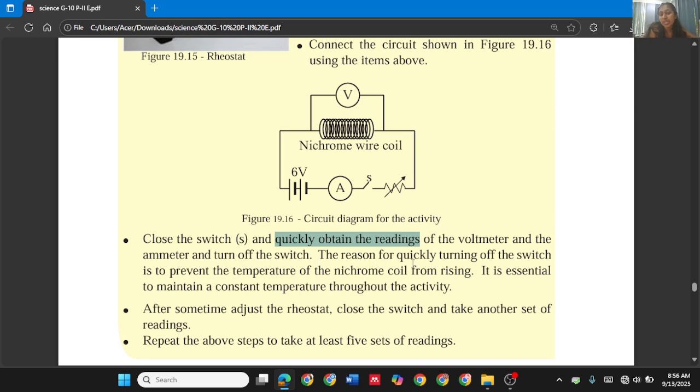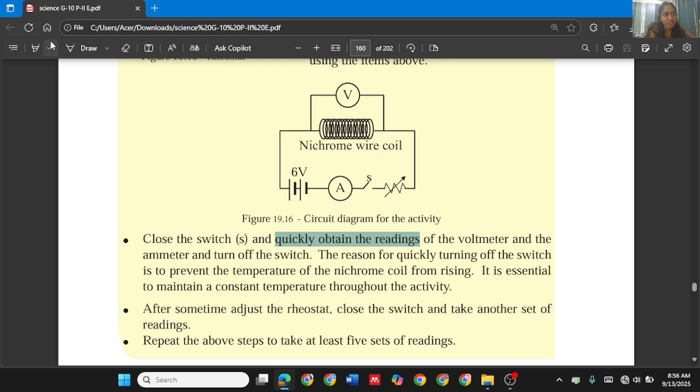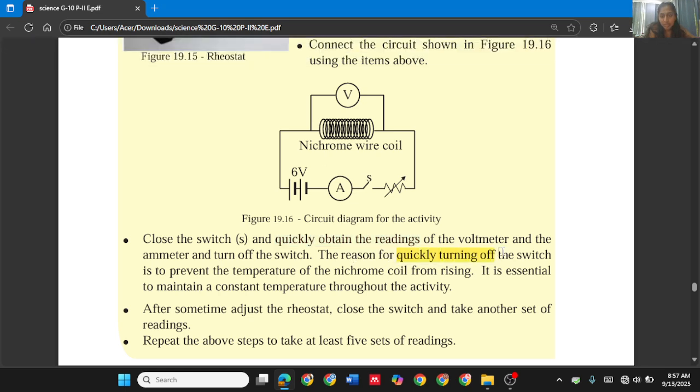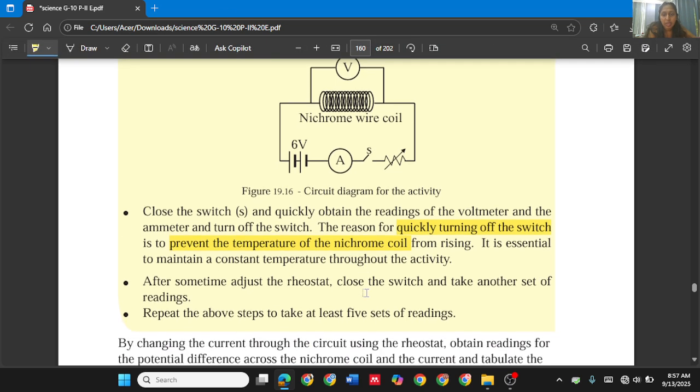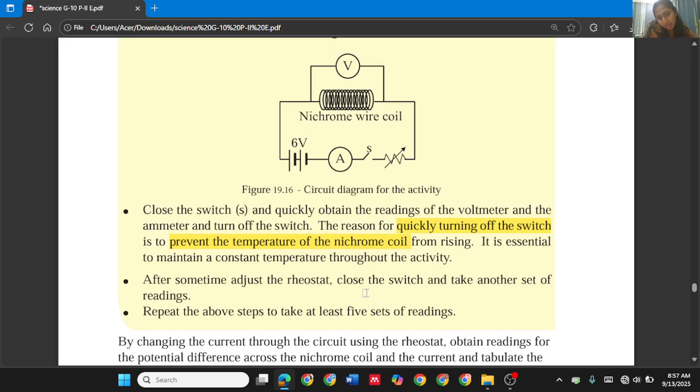The reason for quickly turning off, this one is important, is to prevent the temperature of the nichrome coil from rising. So if you quickly switch on and switch off, the nichrome wire won't get too much heated. It is essential to maintain a constant temperature throughout the activity.